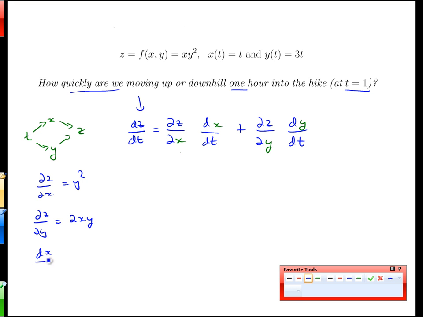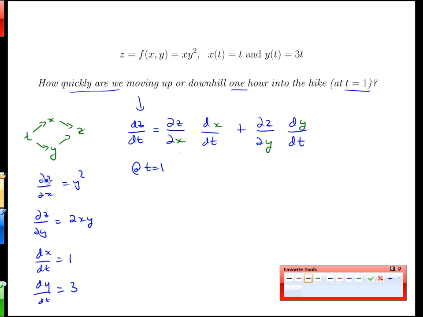Derivative of x with respect to time is just 1. Derivative of y with respect to time is just 3. And we also want to do this at 1 hour.